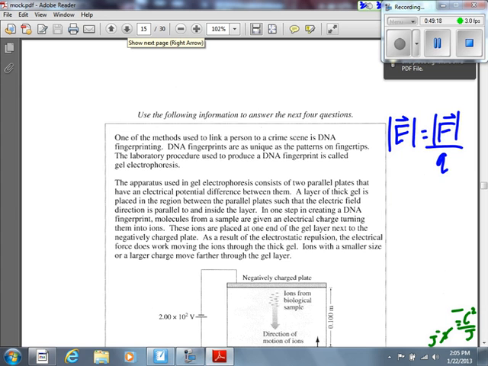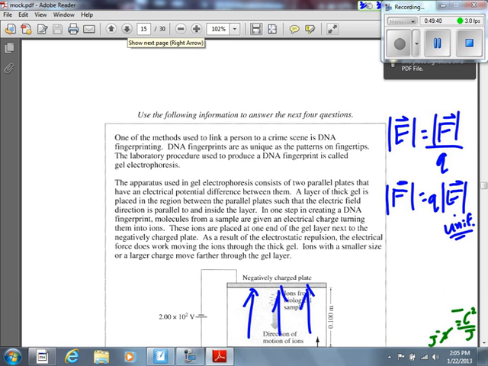Rearrange that: F is equal to Q times E. What do you know about the electric field between two parallel plates? It's uniform, right? If it's a constant field, then if this is constant and this is constant, then this has got to be constant.